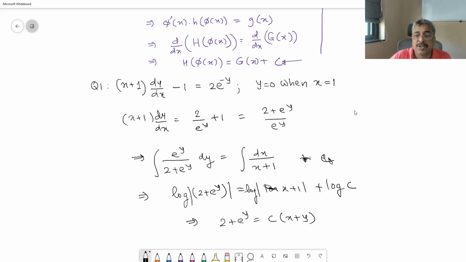Given condition is y is 0 when x is 1. You substitute y is 0 when x is 1, you get 2 plus e raised to 0, which is 3, so we get 2 plus e raised to y is equal to 3.